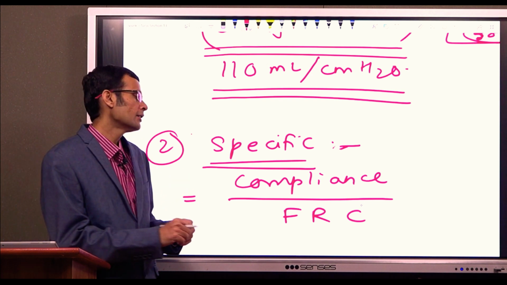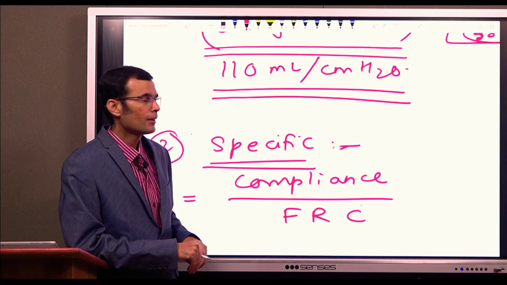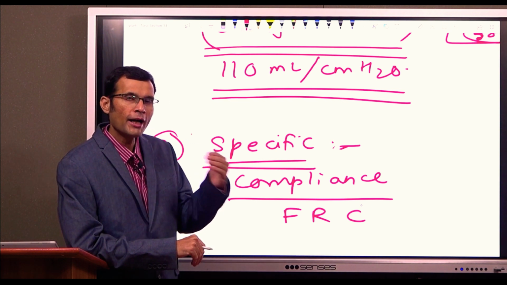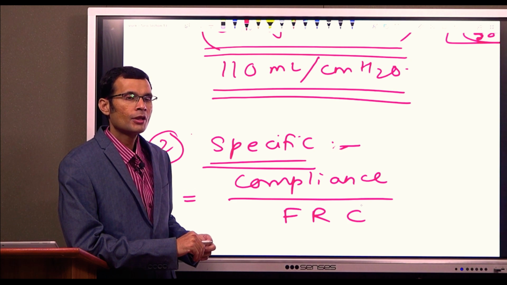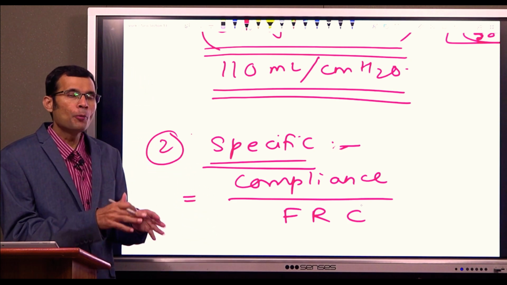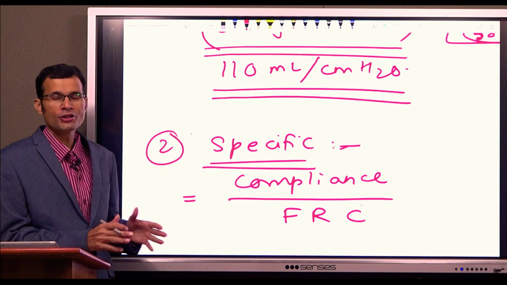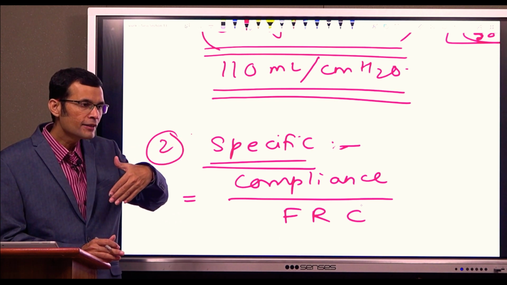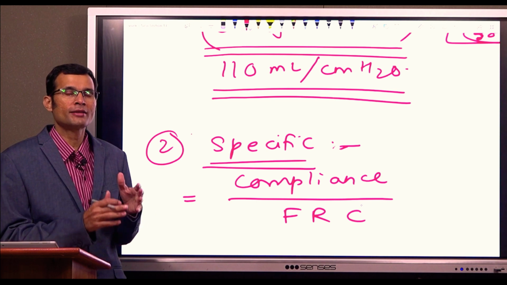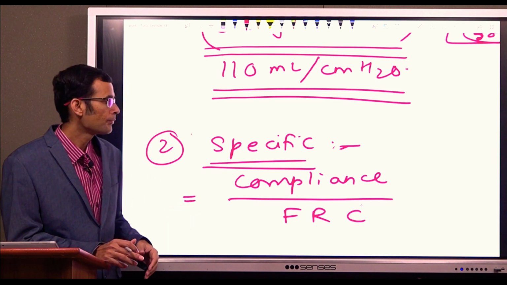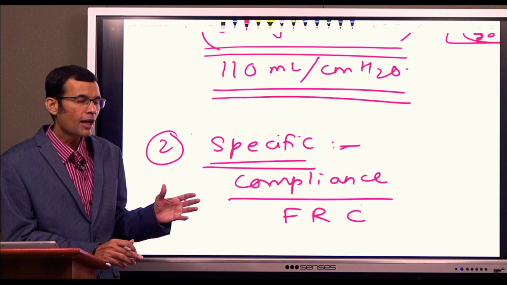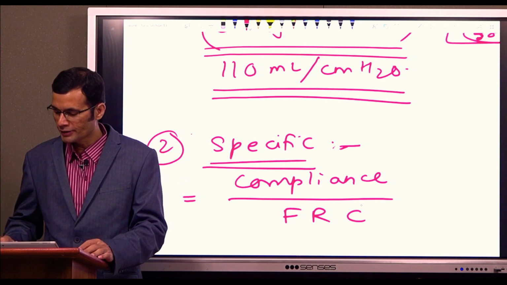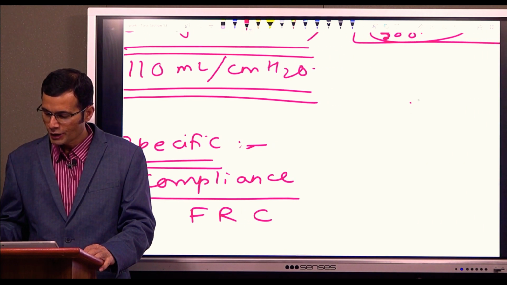Why is that? That's because at the end of quiet expiration, those two opposing tendencies which I mentioned just now: the thoracic cage has a tendency to move outward because thoracic cage muscles will contract, and the lungs have inward recoil tendency. Let's just draw it here.